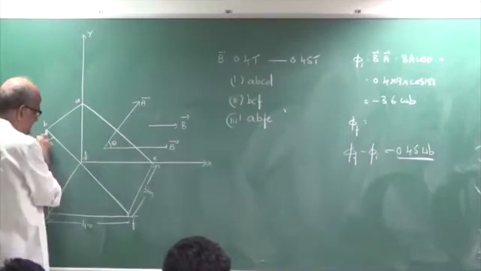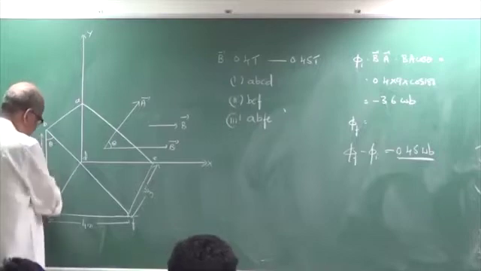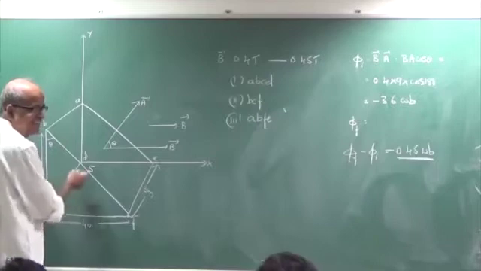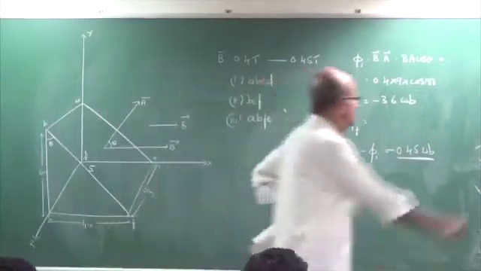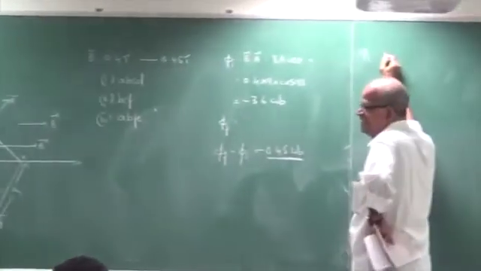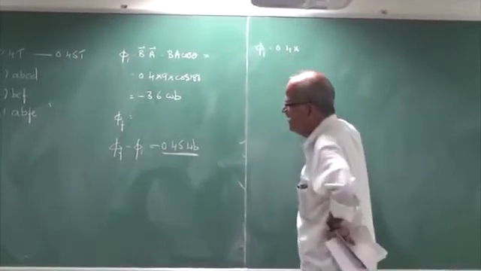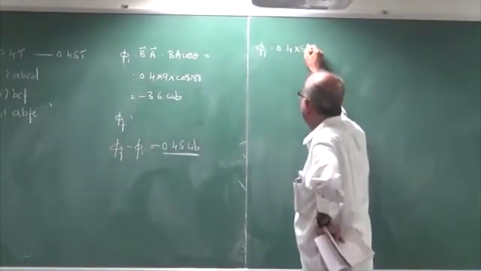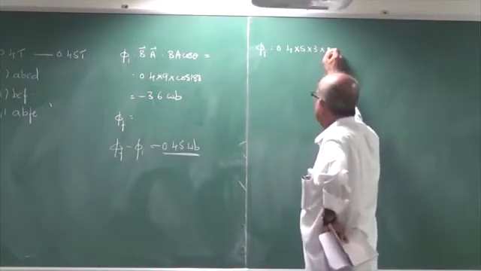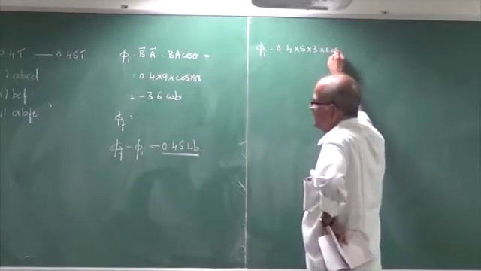Because this is perpendicular to this, and this is perpendicular to this. If this is 3, this is 4, this side must be 5. So what is cos theta? 3 by 5. So what is the initial flux there? B into A, where A is 5 into 3, into cos theta.